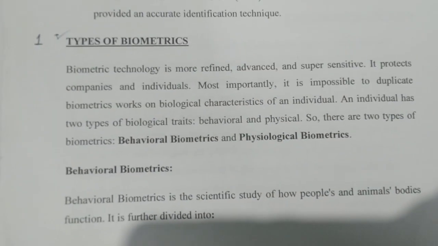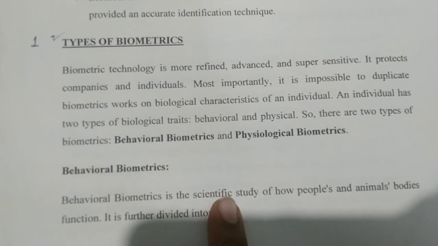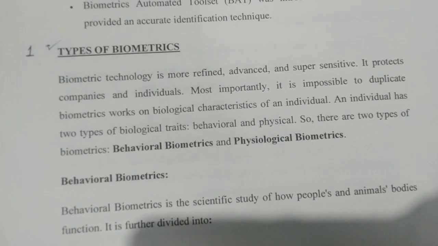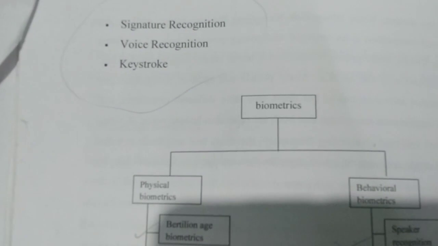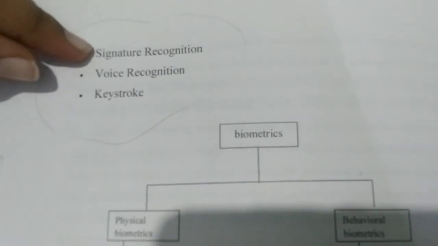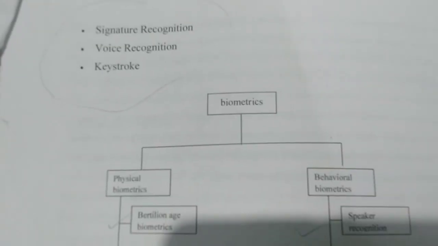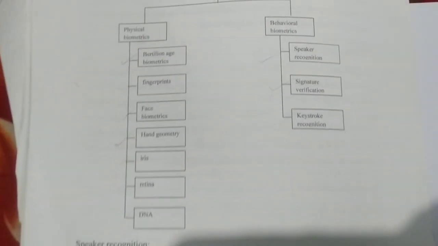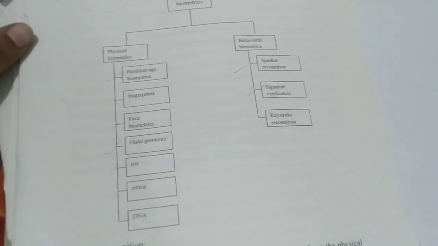So what is behavioral biometrics? Behavioral biometrics is a scientific study of how people's and animals' bodies function, and it is further divided into 3 types: signature recognition, voice recognition, and keystroke. So basically this one is the types of biometrics. You can easily write it in an exam.